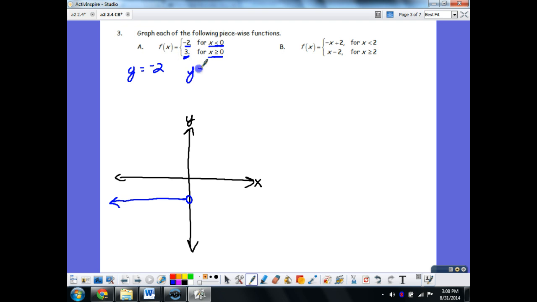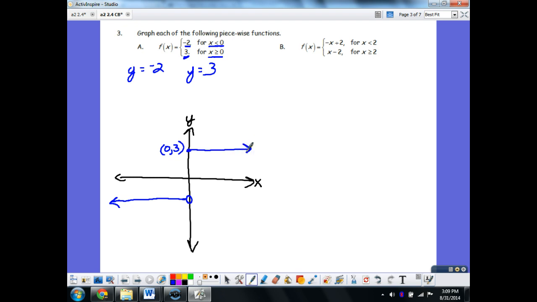And what that line looks like, y equals 3, is a horizontal line that crosses the y-axis at 3. So we go up here at the point (0, 3), and we graph that line.